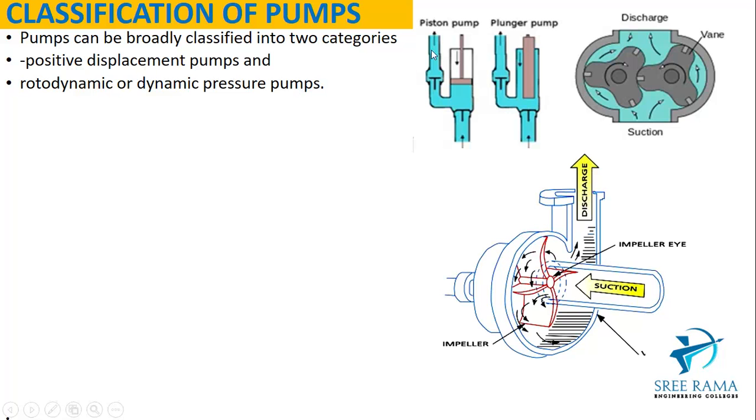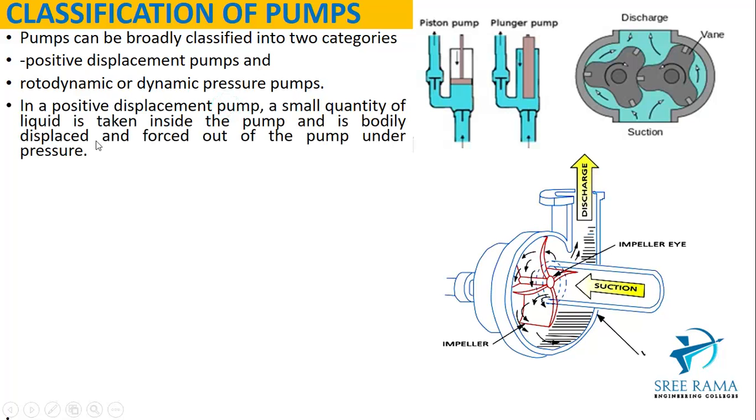Let us take a piston or plunger, which is accommodated in the cylinder. That piston moves positively up and down or left to right, a reciprocating motion, that is positive displacement. Because of the positive displacement motion of the piston and plunger, negative pressure is created in the lower portion and higher pressure is developed in the upper portion. Such pumps are known as positive displacement pumps.